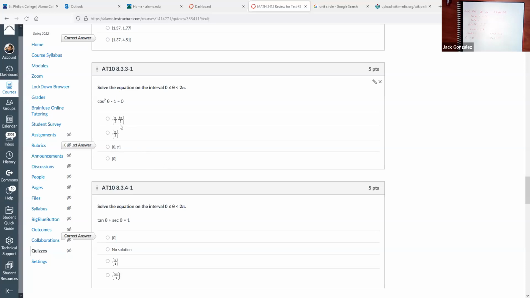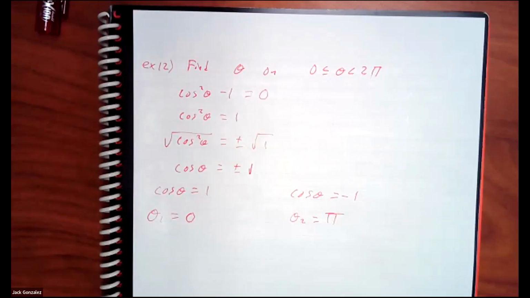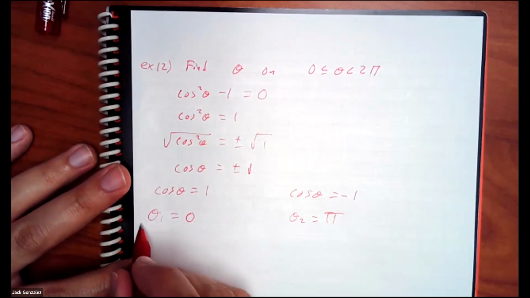So that's how you get 0 and pi. And if you look at the circle, cosine is 1 at 0, cosine is negative 1 at pi. That's all you got to do. Any questions on 12?